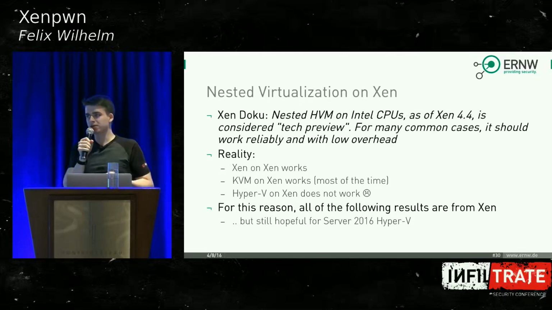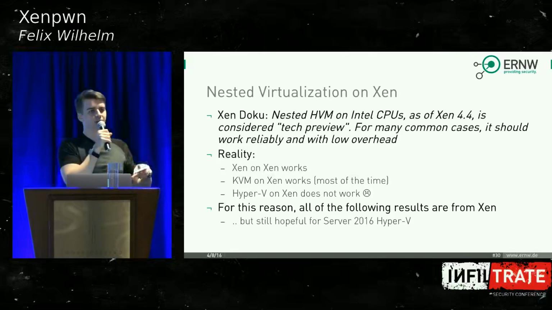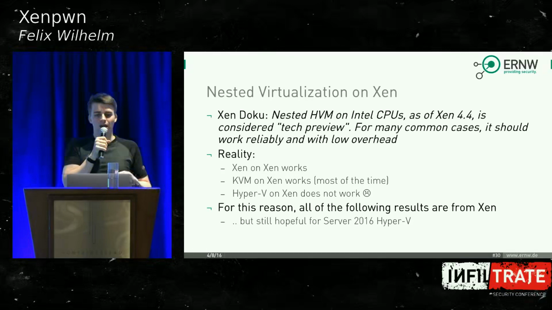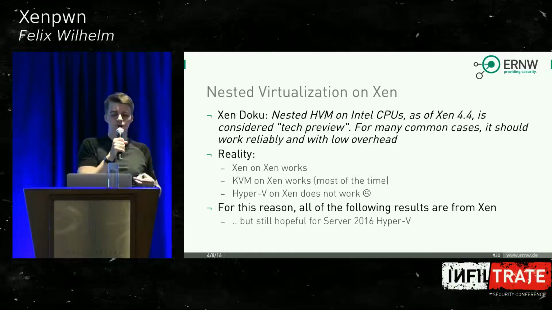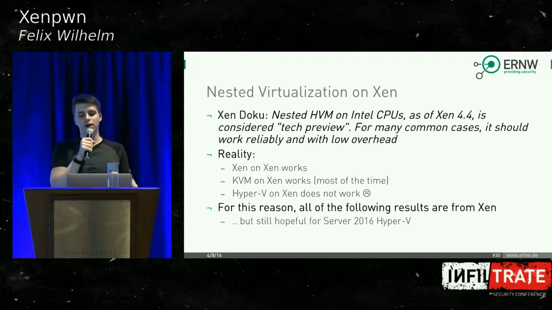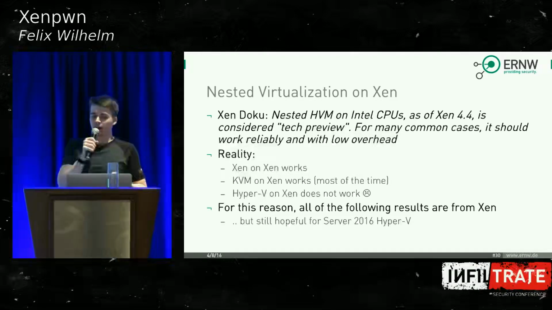Xen on Xen works very well. KVM on Xen, so running KVM nested in Xen, works most of the time. And Hyper-V on Xen, which was actually one of my main targets when I did this work, doesn't work at all, so you can't boot up Hyper-V as a nested VM in Xen.